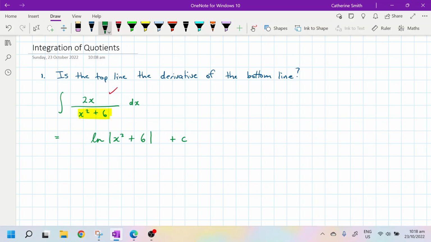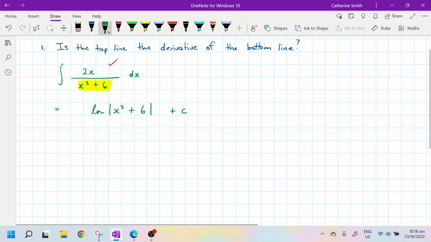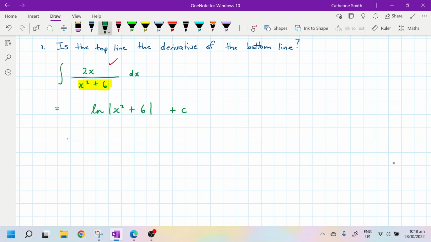It's not always an exact differentiation. So let's try a second example where we're going to integrate 6x squared on the top, and on the bottom line we have x cubed plus 4.